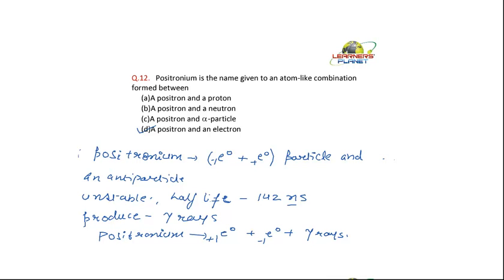Now positronium, students, exists just like hydrogen. I don't know whether you have done hydrogen or not. I'll take up the whiteboard over here. See, positronium consists of an electron and a positron.